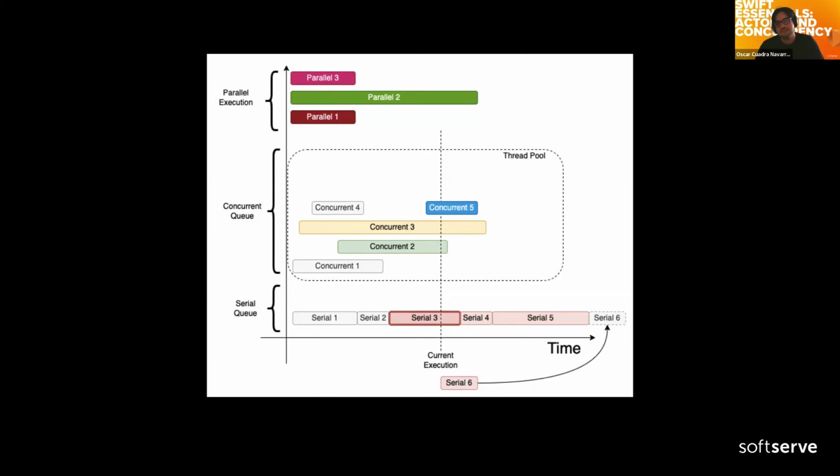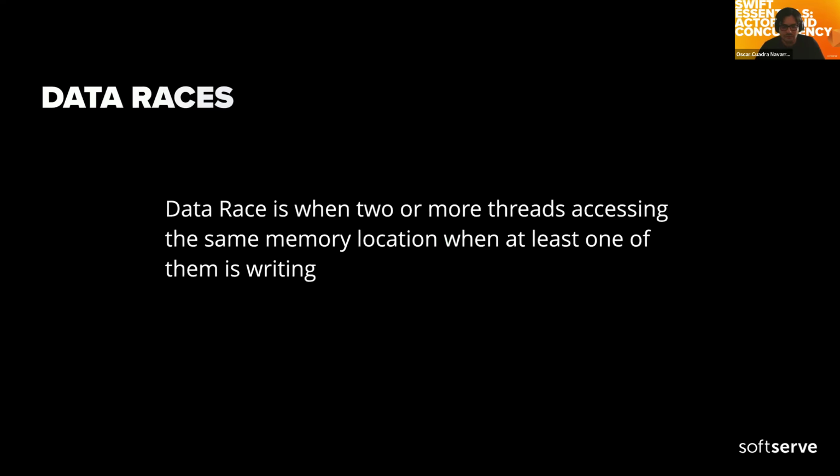So in these threads, if one event wants to read and another wants to write in the same memory location, something strange will happen. This is a data race because you need to either change this data or read it first. And this happens a lot in our apps. We need to handle this.